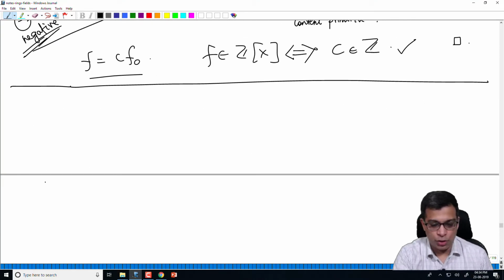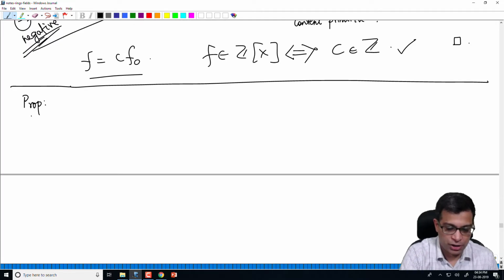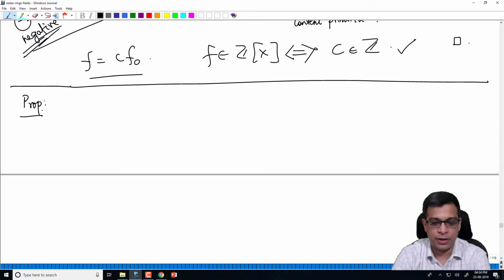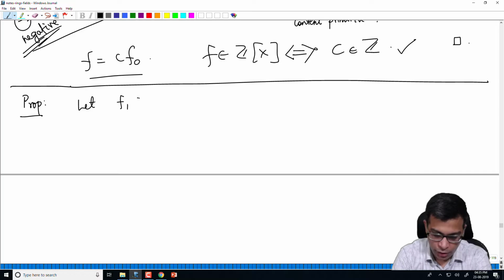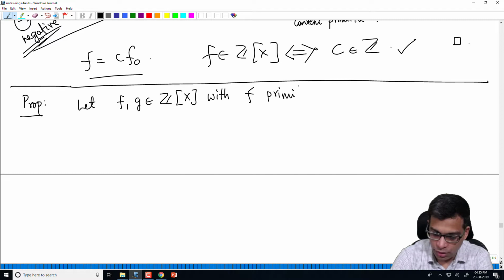Okay, so this is an important proposition for us. So today we are going to start with the following proposition, which is the key proposition that we are going to use to prove that the polynomial ring Zx is a UFD. So the proposition says the following. Let f and g be in Zx with f primitive.